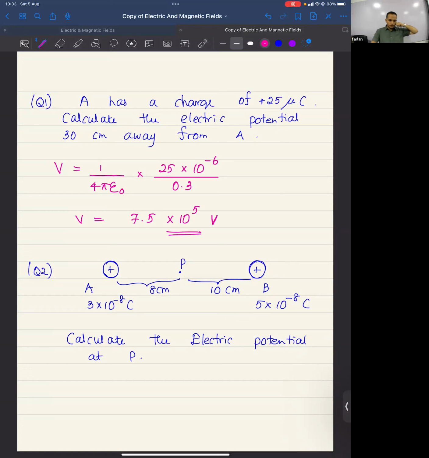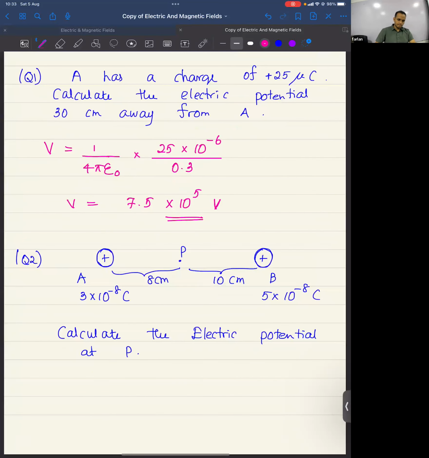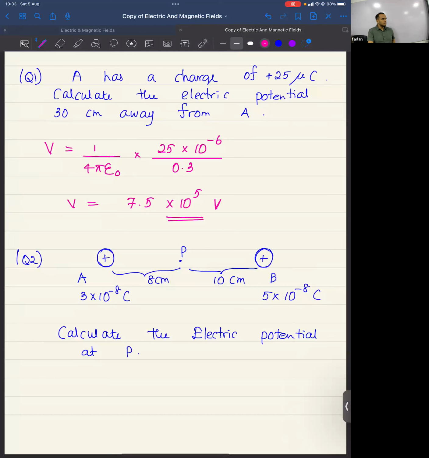Let's do one more and go for a break. Guys, now there are 2 point charges you can see, A and B. Both are positive. A has a charge of 3 into 10 to the power minus 8 coulombs. B has a charge of 5 into 10 to the power minus 8 coulombs.